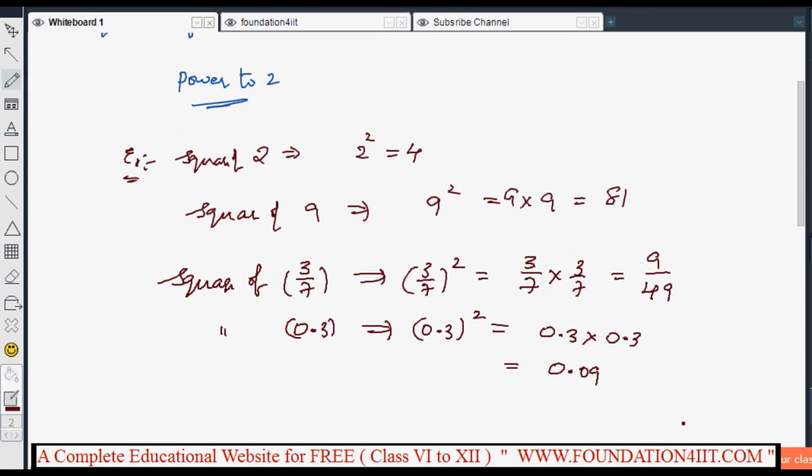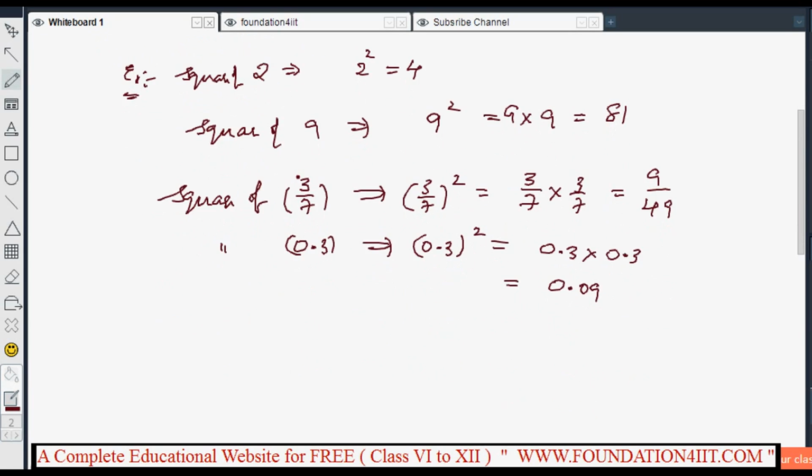We already know this from the decimals topic: after the point there is only one digit here, so finally in the result after the point there should be two decimal places, 1 plus 1. This is the square of a number.